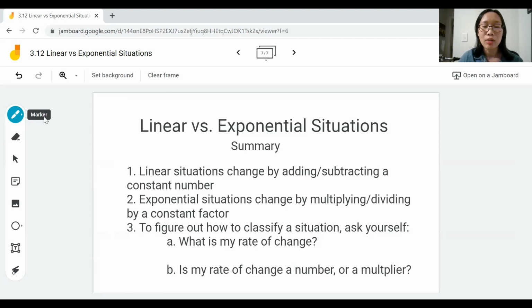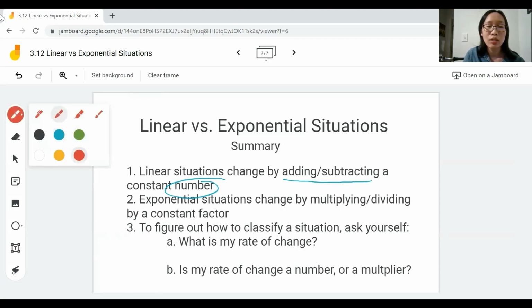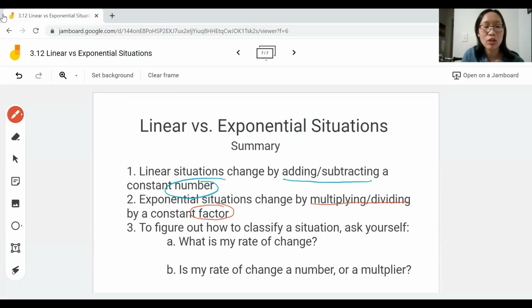So linear situations change by adding or subtracting a constant number. Exponential situations change by multiplying or dividing by a constant factor. To figure out how to classify a situation, you want to ask yourself, what is my rate of change? These are keywords like rate, per, every, and each.